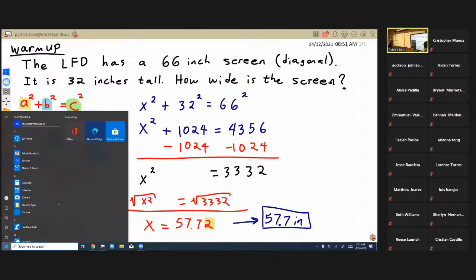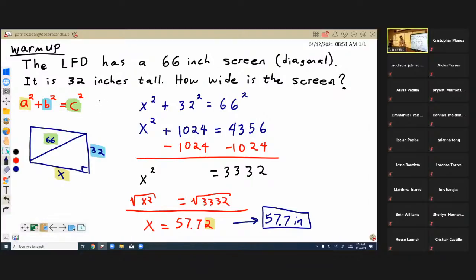Does it look like it's just about 58 inches, just under 58 inches? Sure is. Okay, so yep, math checked out. Screen is just about 58 inches wide. Pretty cool. Math, it works.